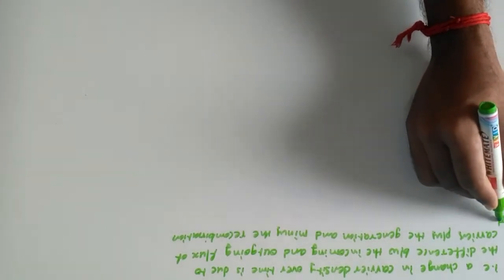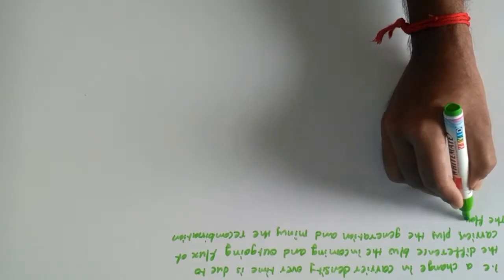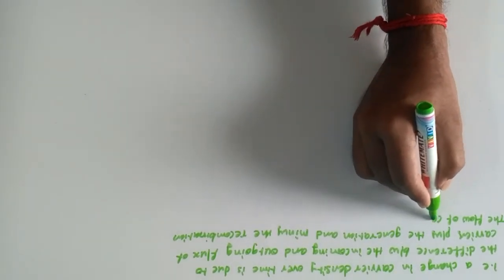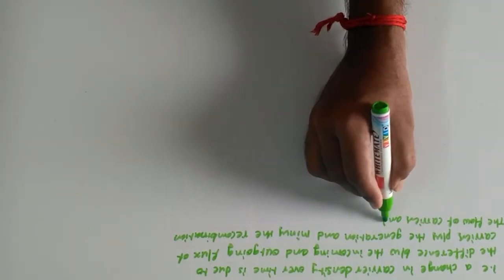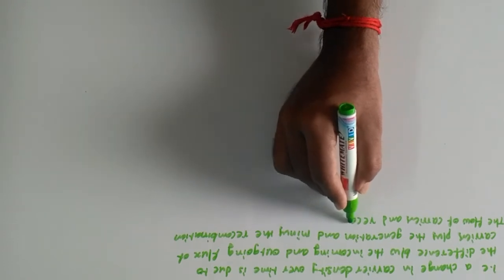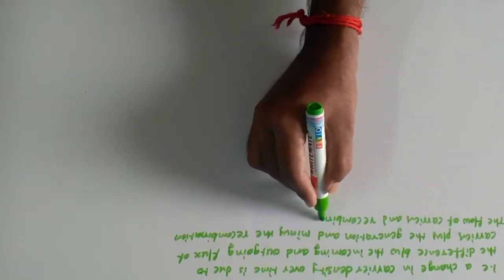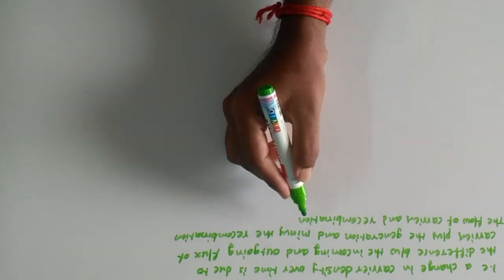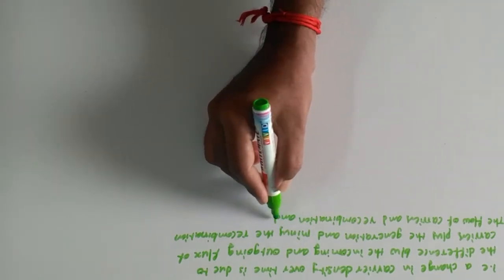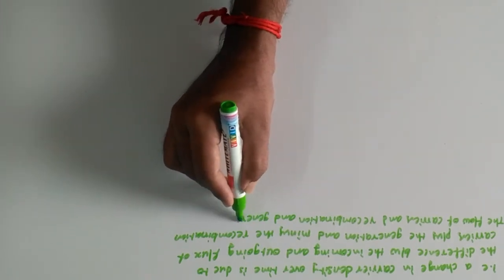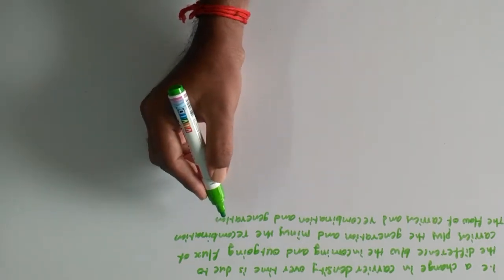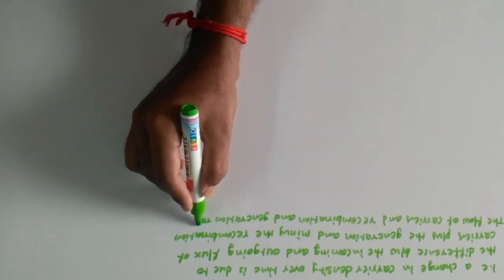Next point is the flow of carriers and recombination and generation rates, as shown in the figure.